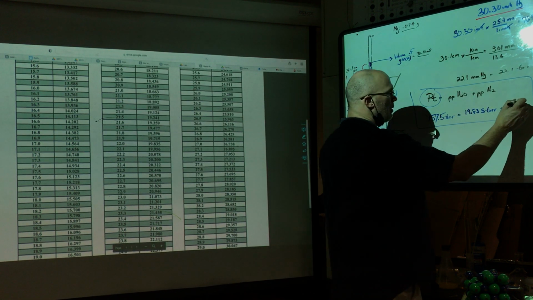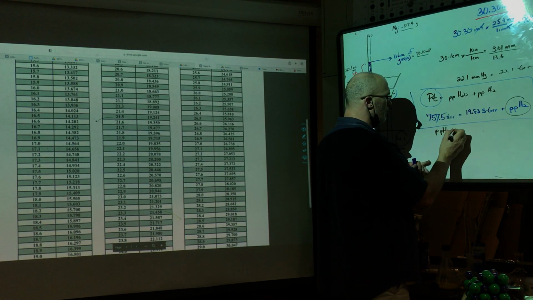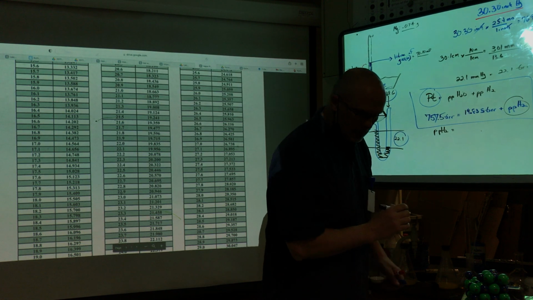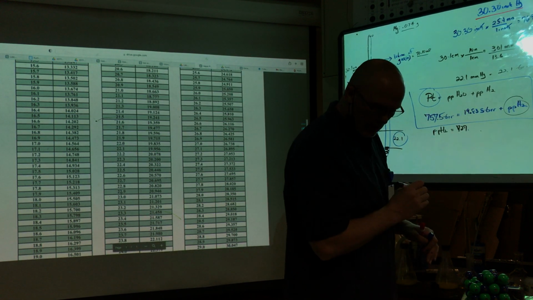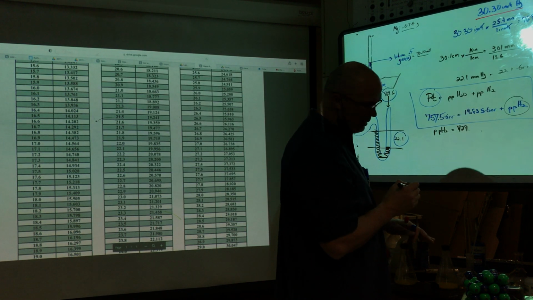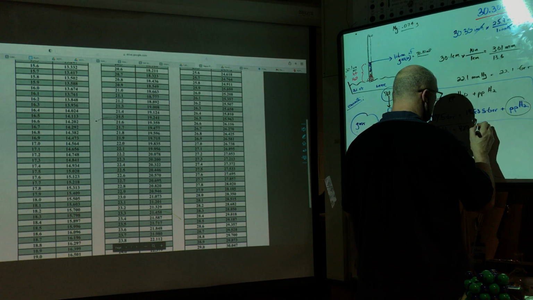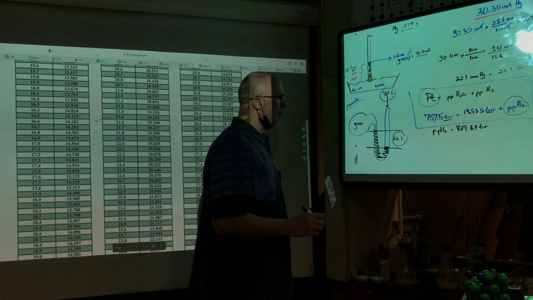So my partial pressure due to the H2, which is an important one here, is 727.7, I'll put 727.69, I think four significant figures. And that's torr, don't forget, everything was in torr, or millimeters of mercury.